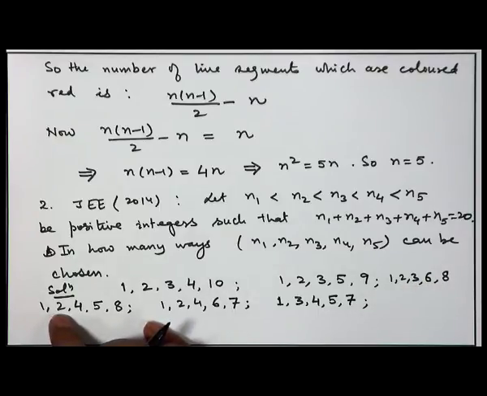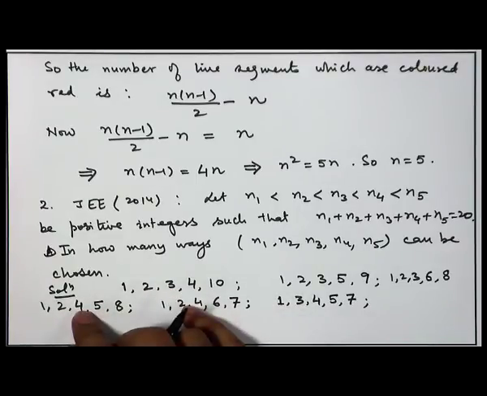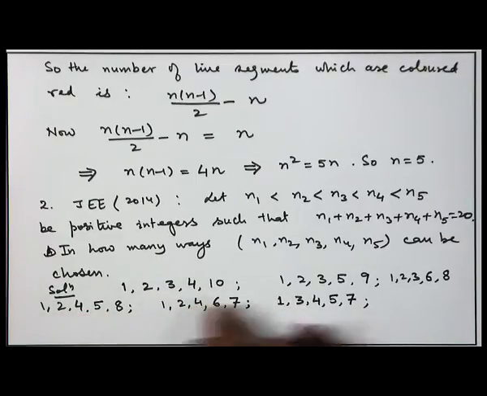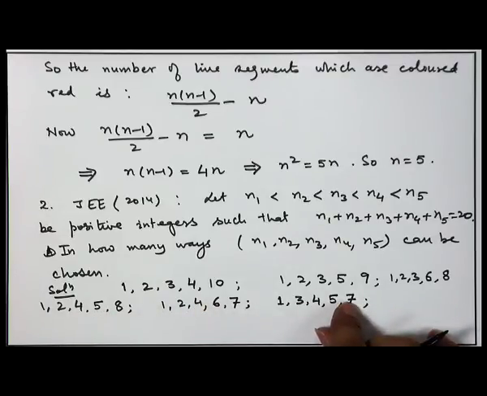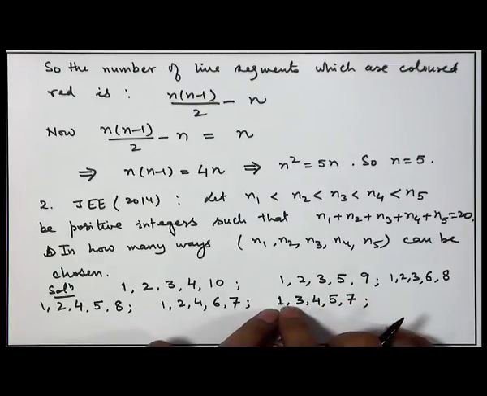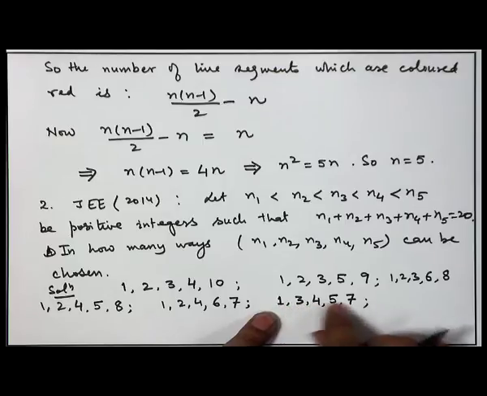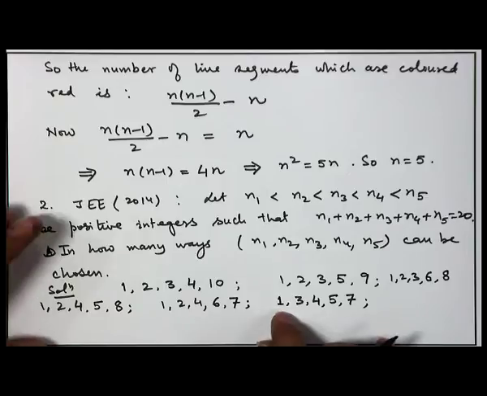Then we took n1 and n2 to be the smallest and for n3 I took the next smallest, so 4 was taken. With that again we can see that there are 3 possible arrangements. Now, since in the last one only n1 is the smallest and all others are slightly bigger than the smallest, therefore, the next option should be to go for the second value of n1.